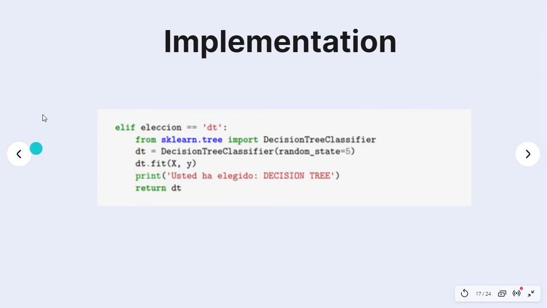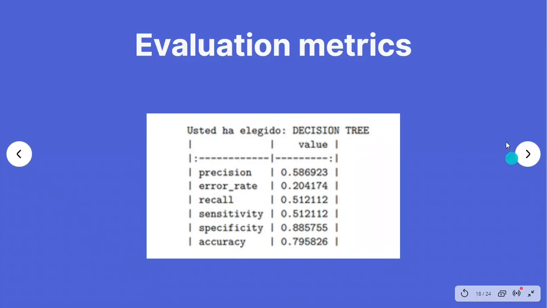So the implementation is the same: import the decision tree classifier from sklearn, init the class decision tree classifier with random state equal to 5, where the random state controls the randomness of the estimator, feed the training data, and return DT. The evaluation metrics of the decision tree are these values: precision and so on.